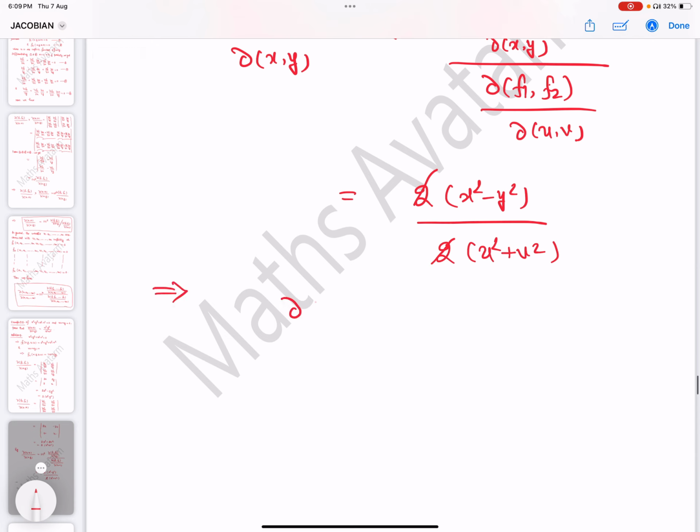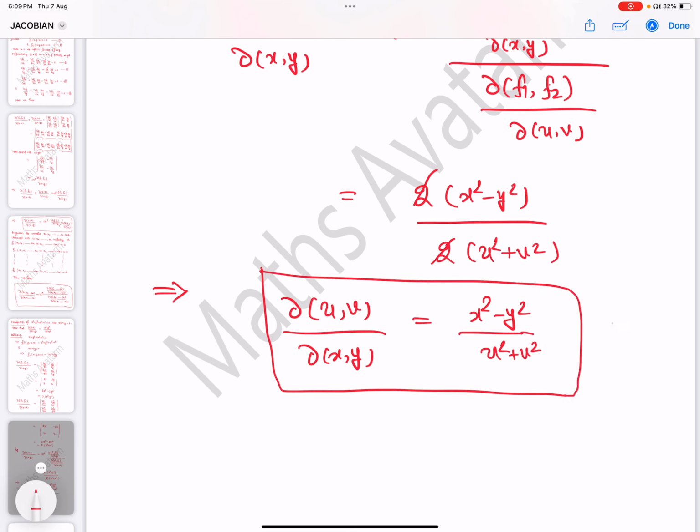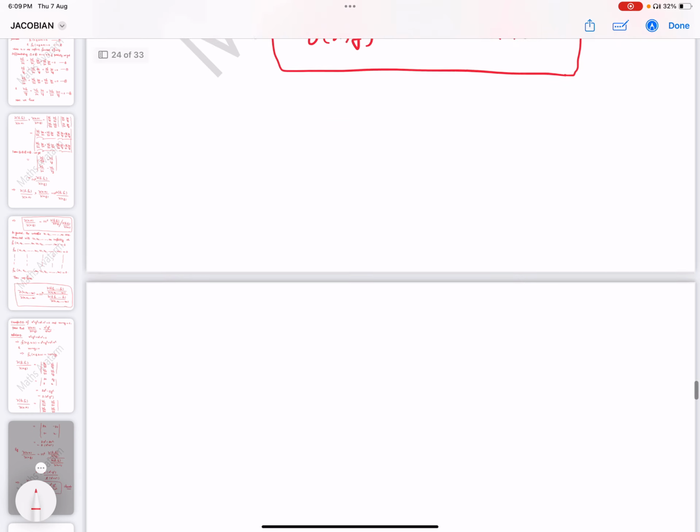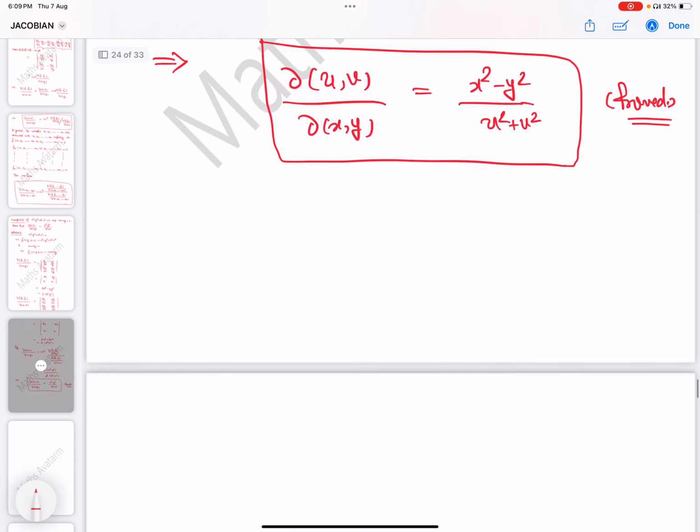We got the ratio of x square minus y square to u square plus v square. So this is 4.